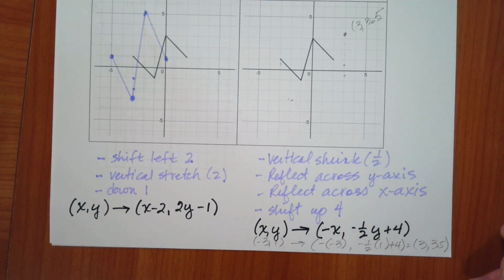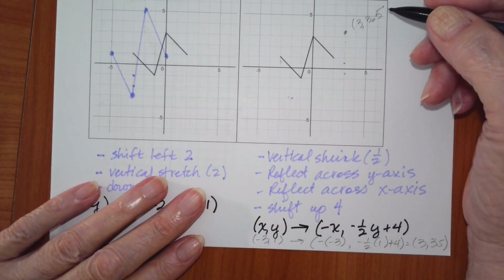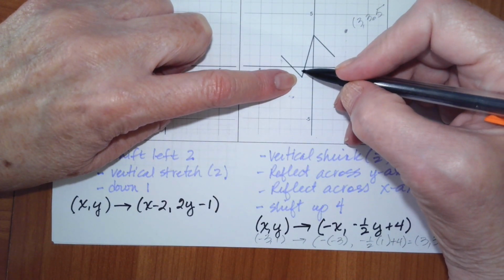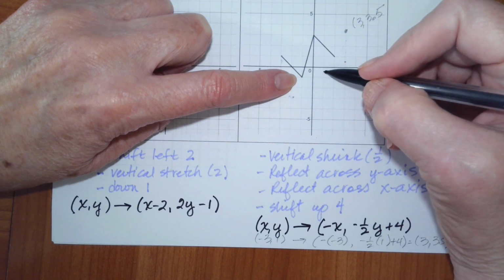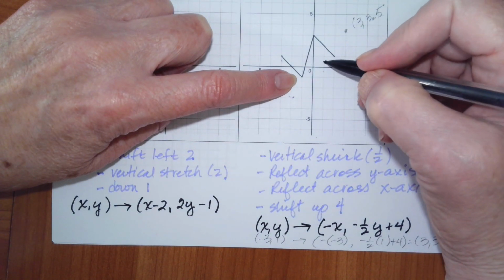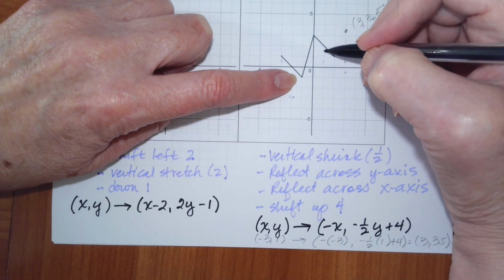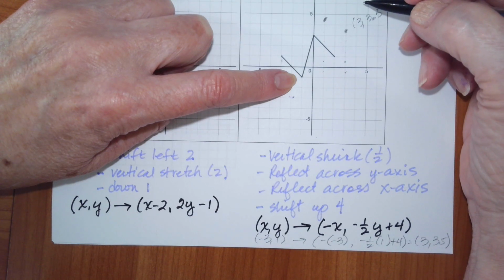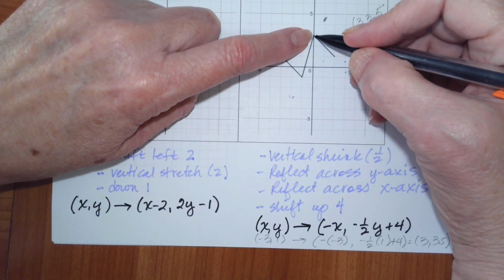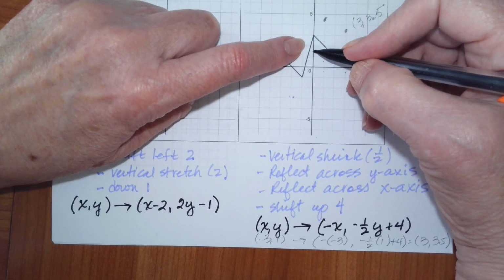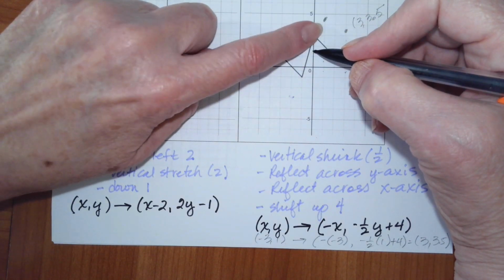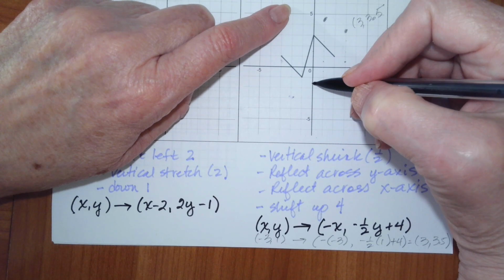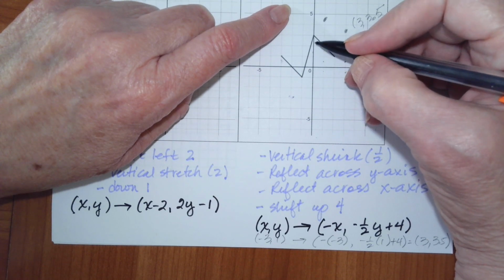So again, if you want to test it one direction, whatever you want to do. Okay, this point, I'm going to shrink it, which means instead of -1, it becomes -1/2. Reflect it across the y-axis, reflect it across the x-axis, and then move it up 4. 1, 2, 3, 4. This point, I'm going to cut it in half so it comes down to here. It doesn't need to be reflected across the y-axis. It is reflected across the x-axis, and then it's shifted up 1, 2, 3, 4.